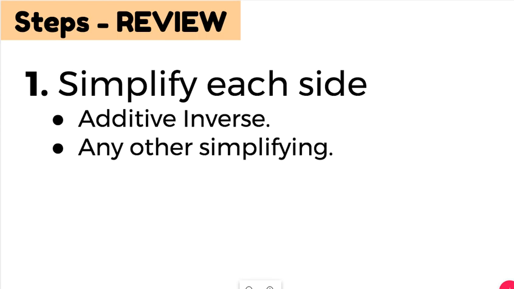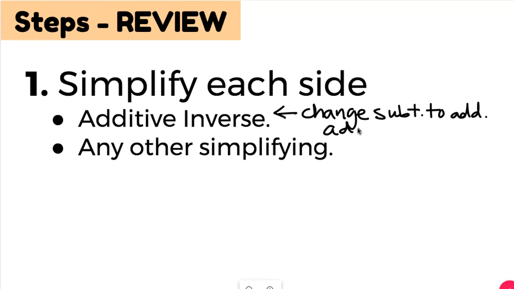So our first step is to simplify each side. Okay, that's our additive inverse. That's where we change subtraction to addition. Add the opposite is another way we've looked at this.